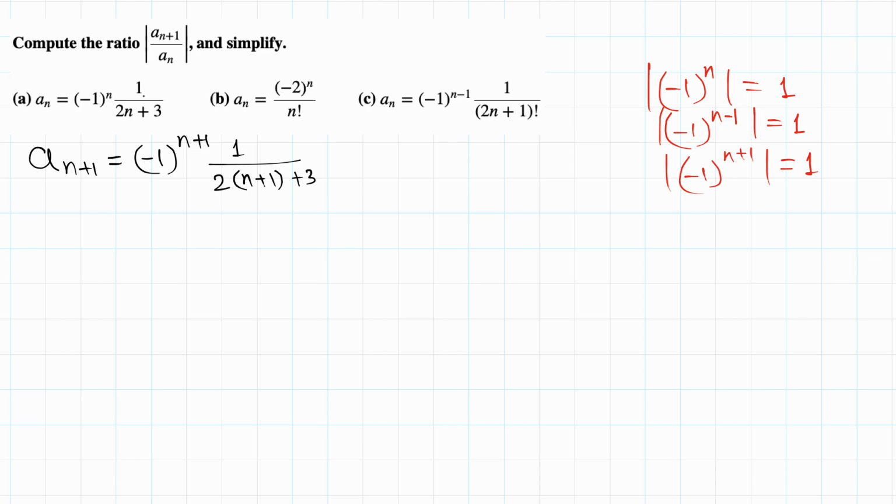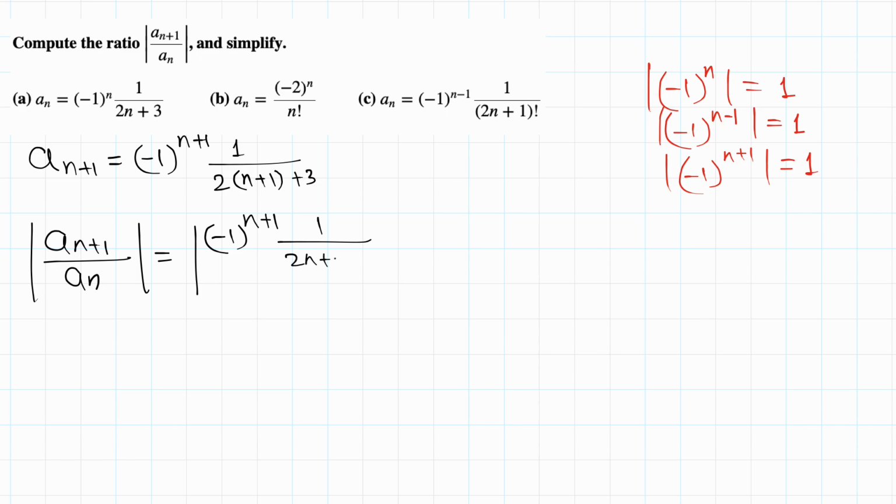Okay, now here, then, a_{n+1} over a_n, and we need to find absolute value. That is absolute value of a_{n+1}, which is here, negative 1 raised to n plus 1 times 1 over, this is basically 2n plus 2 when we distribute the 2, plus 3, 5, so 2n plus 5.